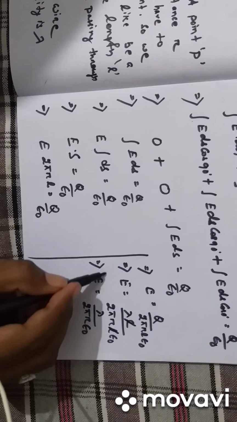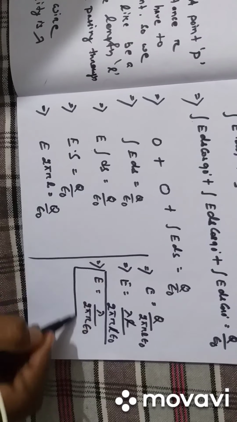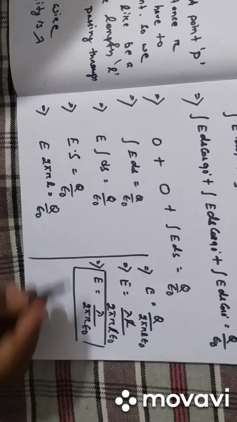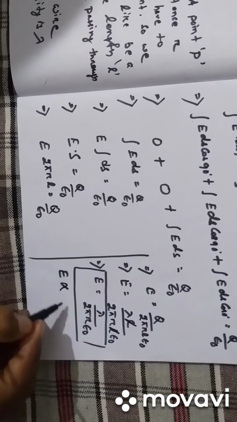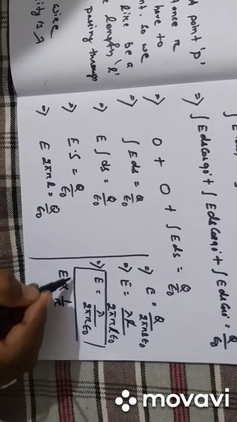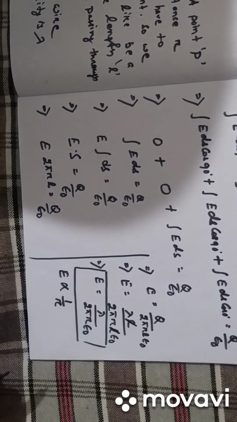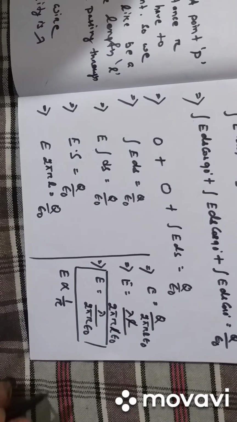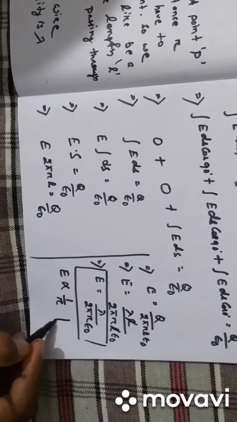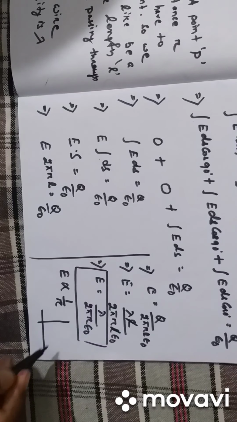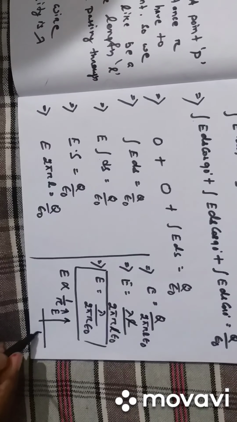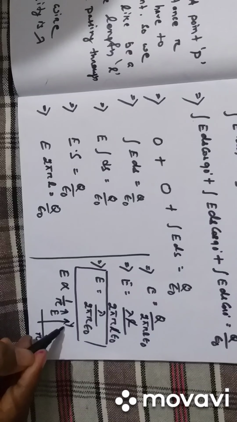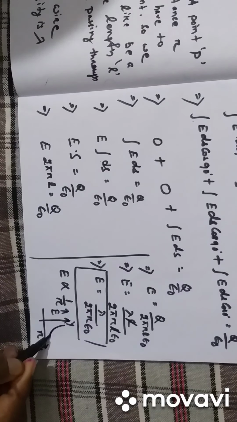In the above expression, electric field intensity is inversely proportional to r. Now I draw a diagram, the graph between electric field along the y-axis and r along the x-axis. The graph is shown below.